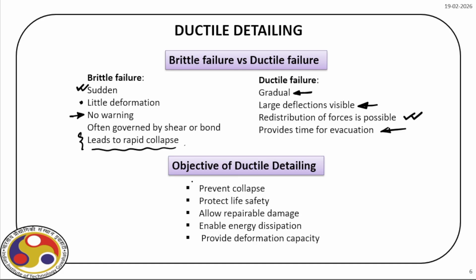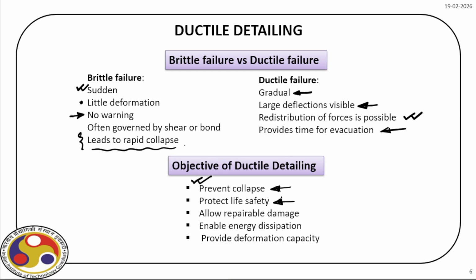Okay. Now, what are the objectives we want to achieve through this ductility detailing? First of all, obviously prevent collapse. Then we get sufficient time and large deformation so that we can prevent collapse. Perfect life safety, because this is important. If we design a structure and leave it, that is not the main purpose. Serviceability is also equally important. During an event, the users of the structure should get sufficient time to react, and in this ductile failure, that is possible.